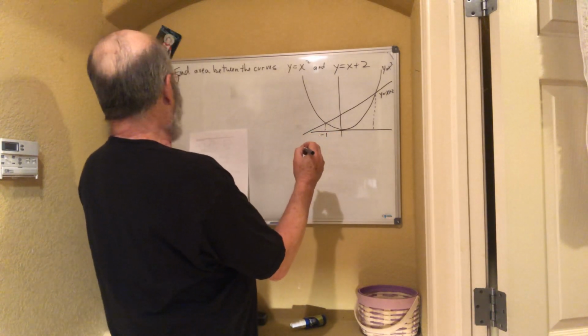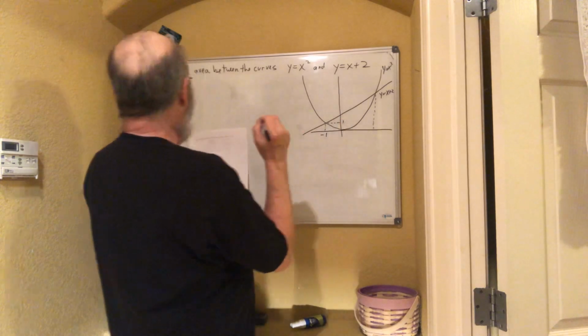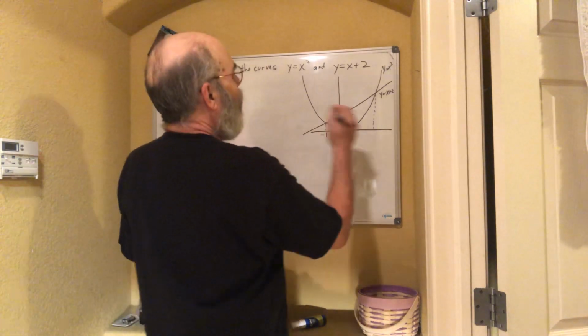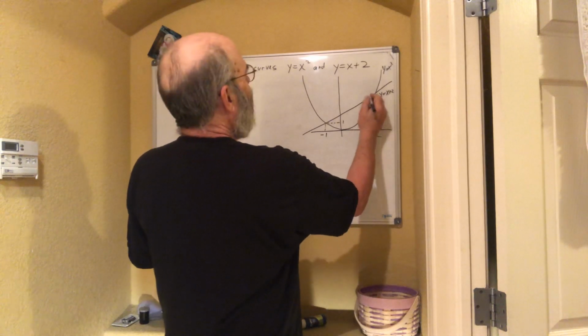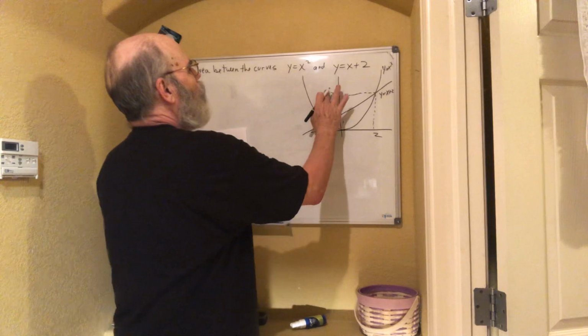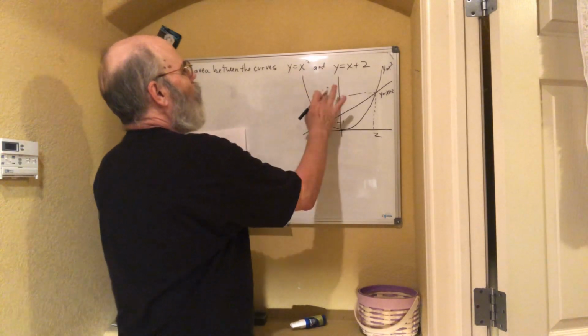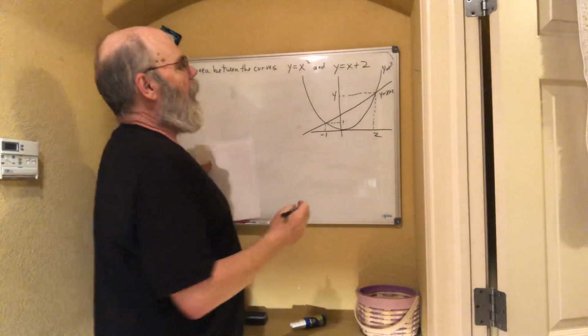That corresponds to the point x is minus 1, y is equal to 1. This one over here is x is 2, and that corresponds to the point y is 4. Okay? So there's the setup.